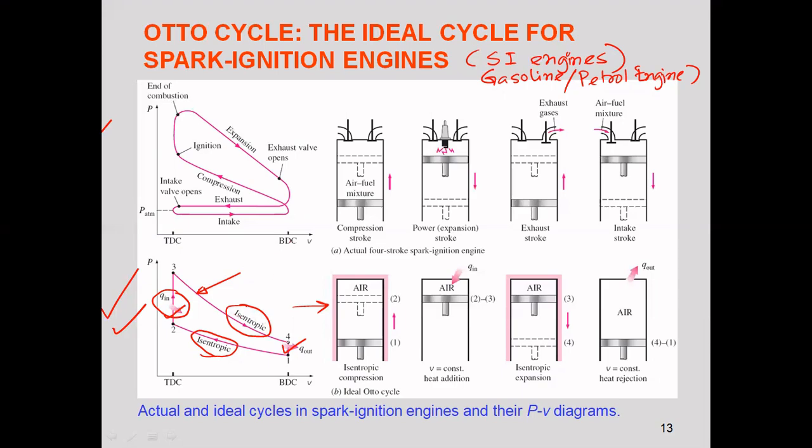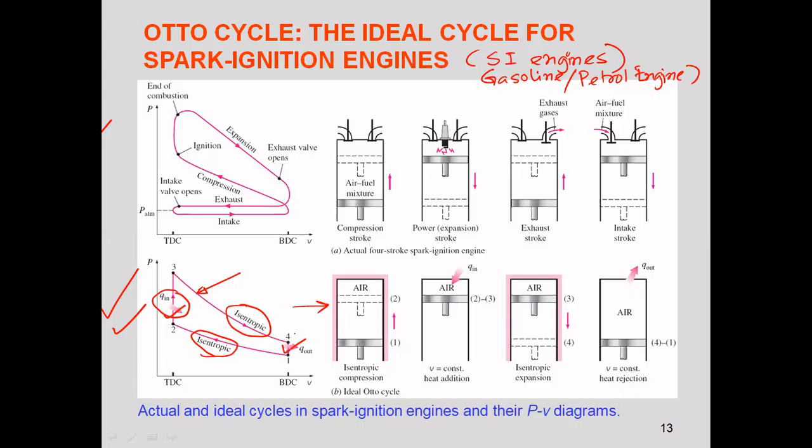Again, there is a process for heat rejection, because you have to go back to state 1 to continue the cycle. We started with state 1, and we have to come back to it at the end of the cycle. So to get from 4 to 1, you need some heat rejection, because at 4 you have a high temperature, and at 1 there is a lower temperature.